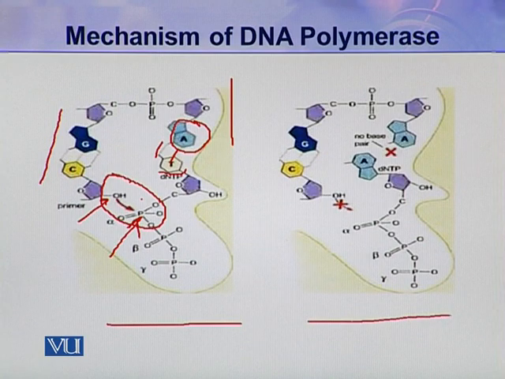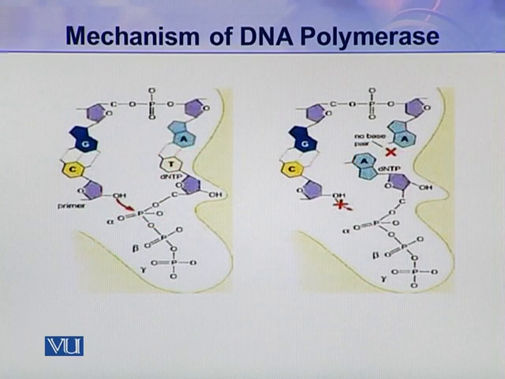While in this figure, you can see here it is adenine, and the incoming nucleotide also contains adenine, but here this OH doesn't come in alignment with the alpha phosphate, and it cannot attack the alpha phosphate, and the addition of a new nucleotide cannot take place.